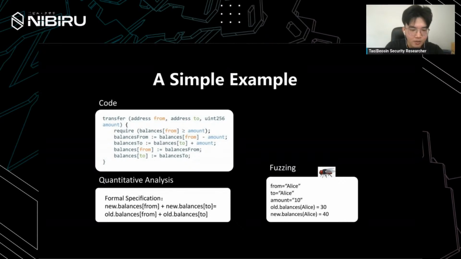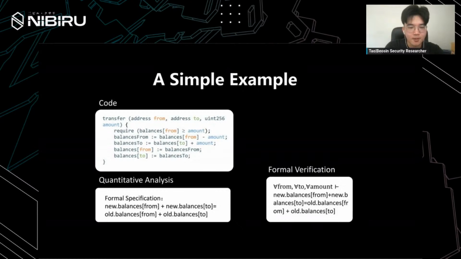So after we do the quantitative analysis, we can write the formal specification here. For any sender and any receiver, and to send an arbitrary amount of tokens, the new balance of the addition of the sender and the receiver will equal the previous balance of the addition of the sender and the receiver.